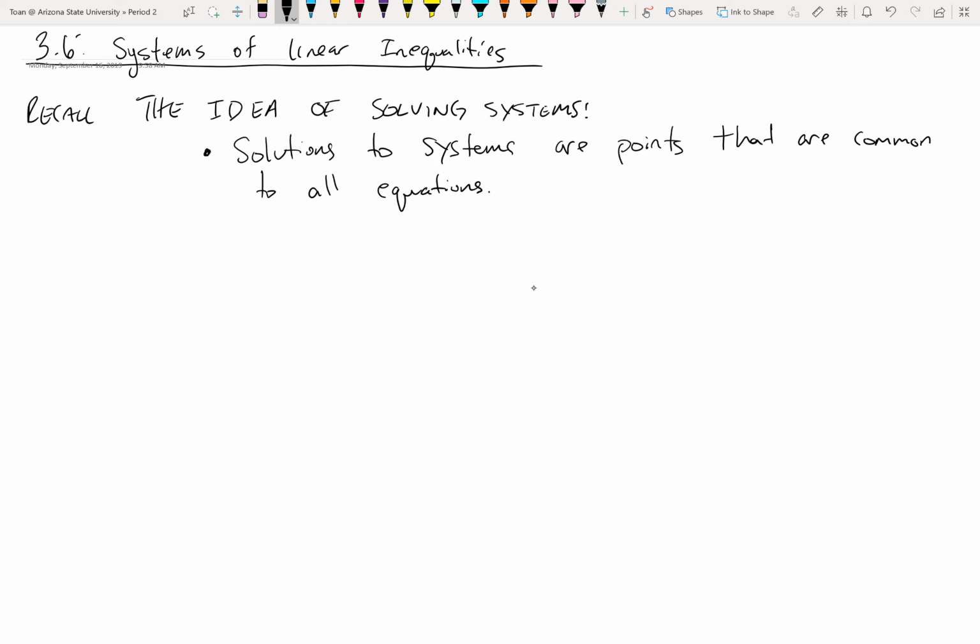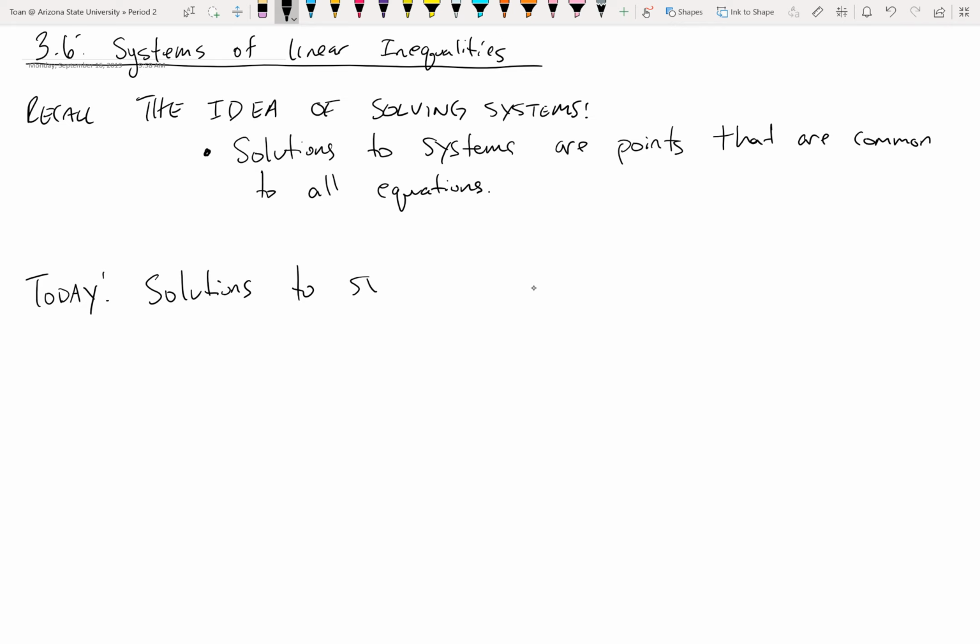So if I change equations into inequalities, it should be the same idea. My answer should be common points. But again, since inequalities' solution sets are half planes, they will be rather common shading points. So for today, the idea is this.